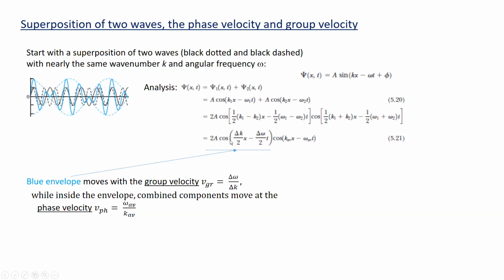And apparently that amplitude moves because it has a cosine dependence in x and t, and it moves with what's called the group velocity, which would be the coefficient of the time over the coefficient of the position, so delta omega over delta k. Meanwhile, inside the envelope, the combined components move at what we call the phase velocity, v phase, omega average over k average.